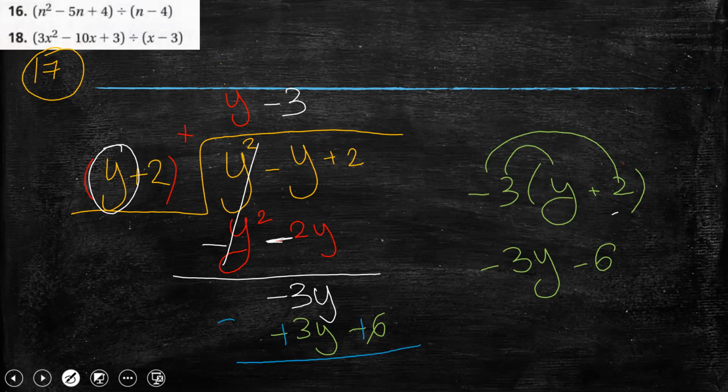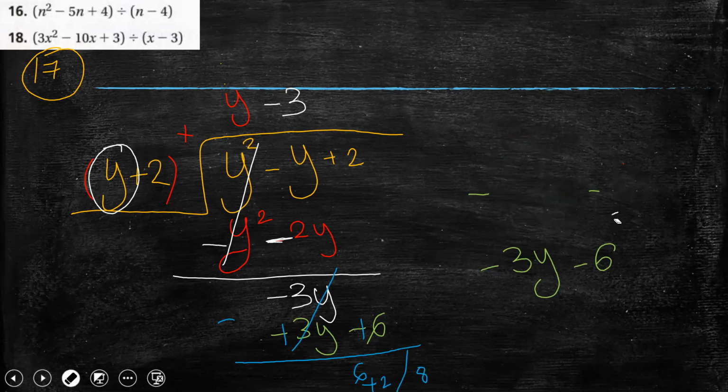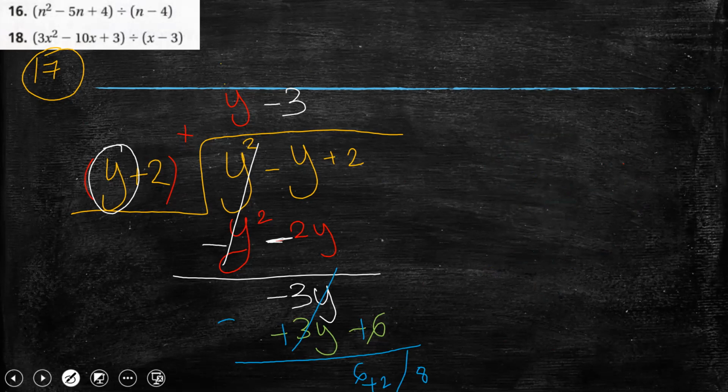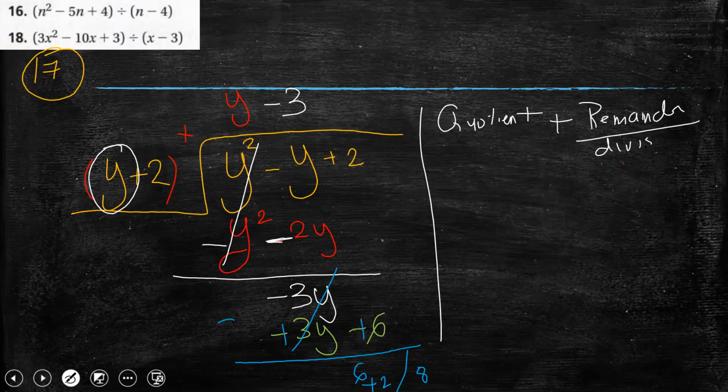So what did we get now? We get 6. Then put the plus 2 down. We have 8. So the remainder here is 8. Now, when you want to write the answer, you have to write it as the quotient plus the remainder over the divisor.